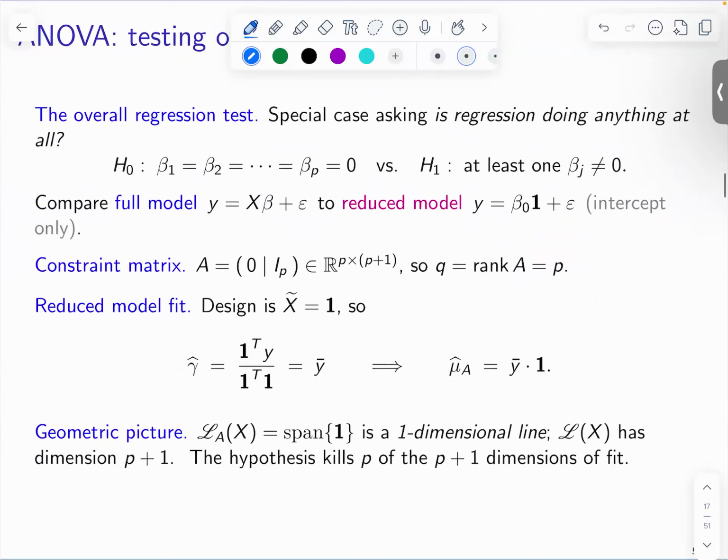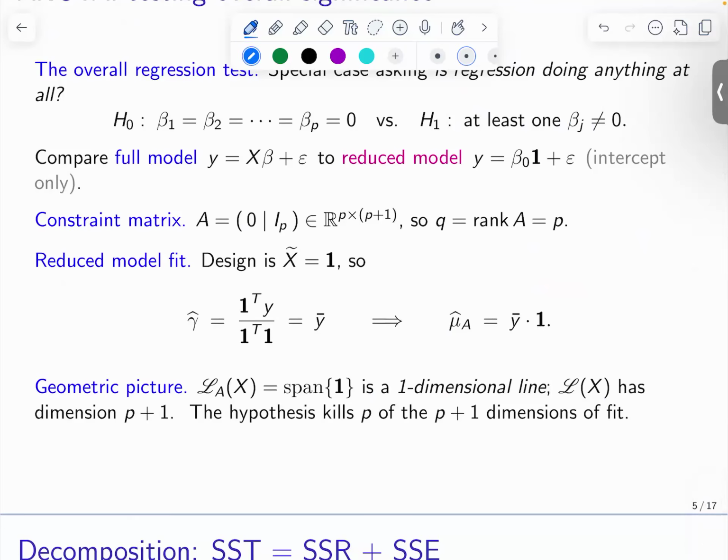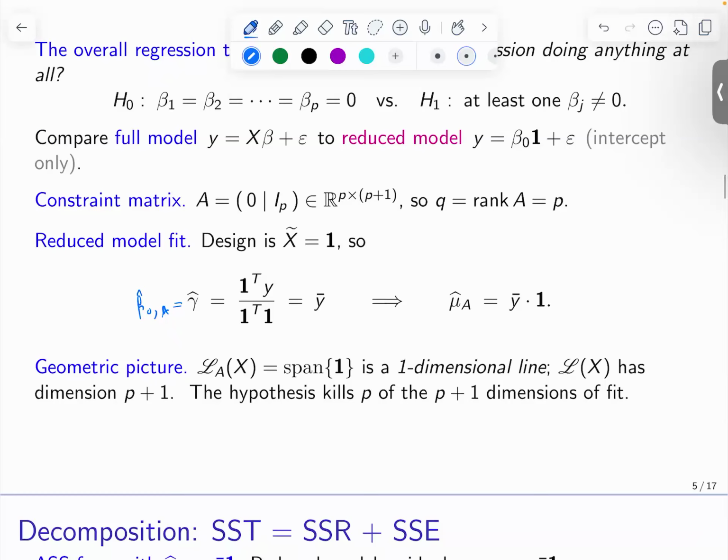This special case is like, so you get mu hat A is y bar, and then you can also calculate, in this case I'm calling it gamma hat, but this is really beta hat 0, A, whatever we call it there. This is the only coefficient, so it's just going to be y bar. And so the geometric picture is that we are projecting onto the span of 1, which is a one-dimensional space. So Lx has p plus 1 dimensions.